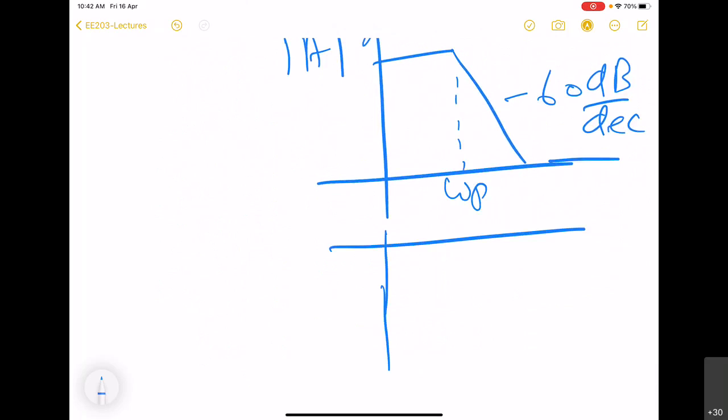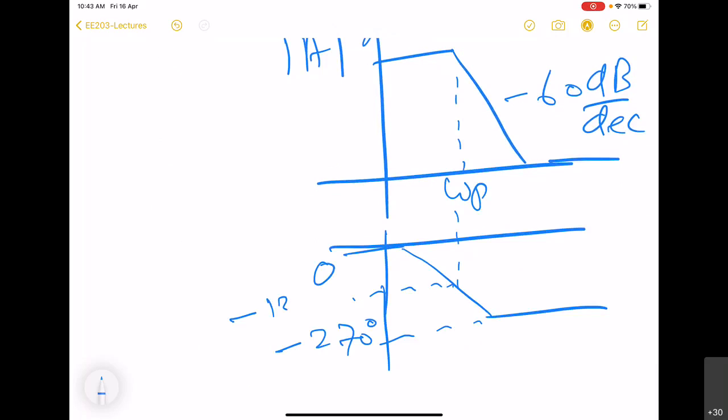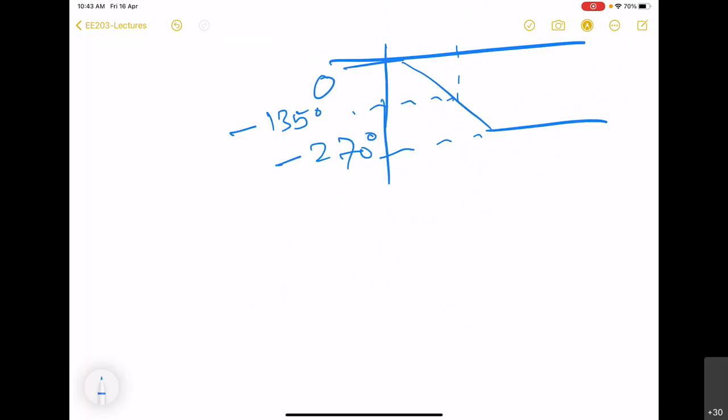And the phase, you can see, is going to vary from 0 to minus 270 degrees. So first we will have to find out what is the phase crossover point.